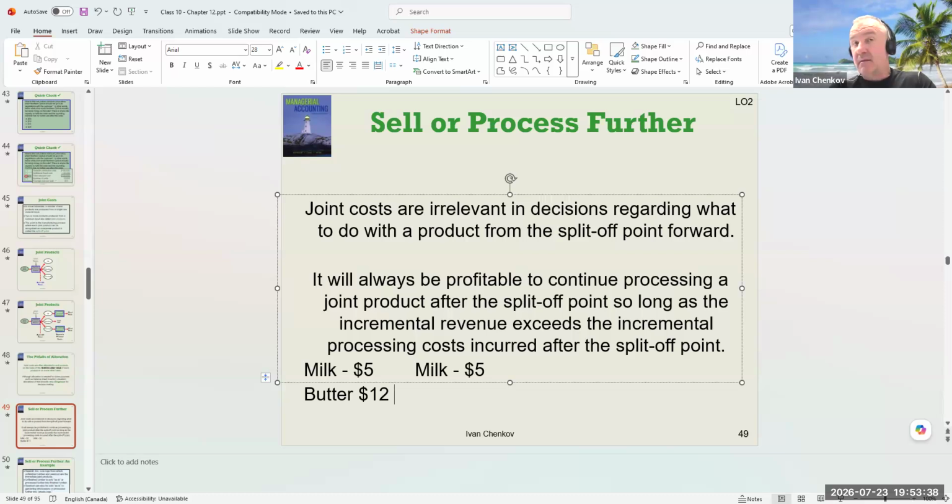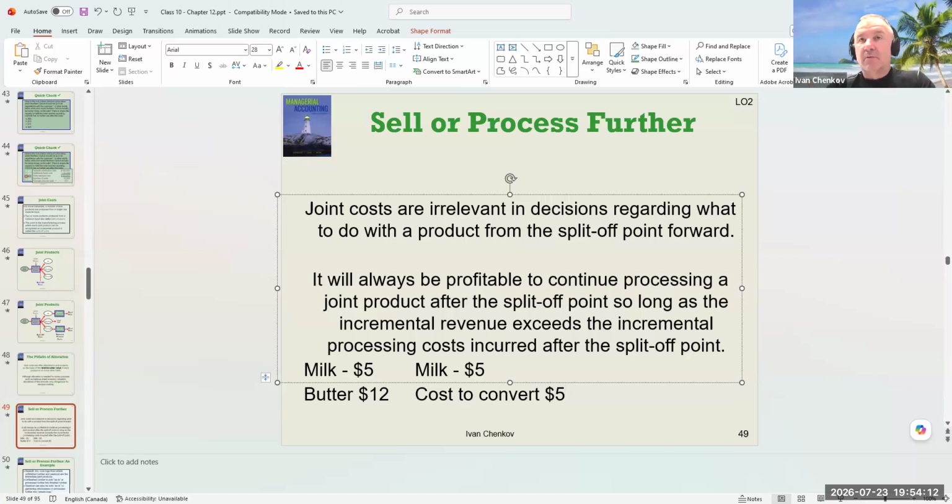But to move it from milk to butter, I have to spend five additional dollars. So the question is, should I keep selling the milk or should I move to butter?